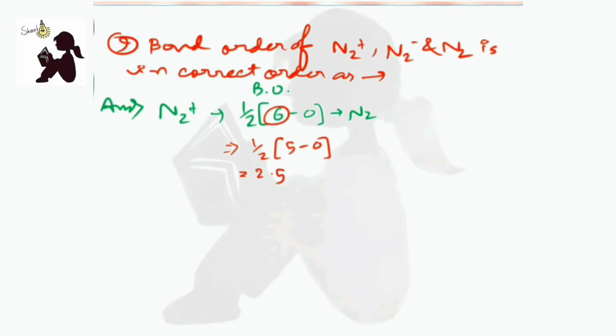From this we can conclude the bond order. From here you can see that for our N2, bond order will be 3. Now for N2 minus, it will be half into 6 minus 1, so it will be 5 by 2, that is 2.5.